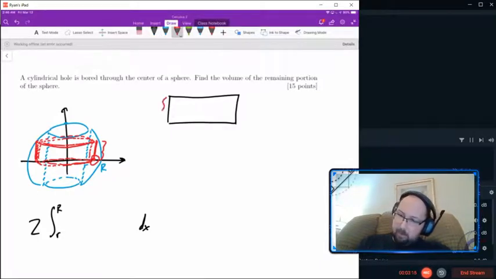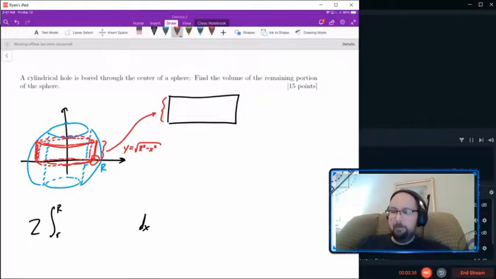Now, again, the height of the little shell is this thing. And I know the formula of a circle is y equals the square root of the radius squared minus x squared. So that's my height. And the radius of my little shell here is x.